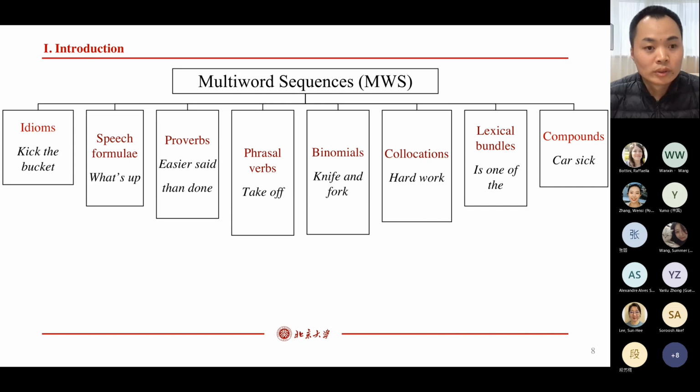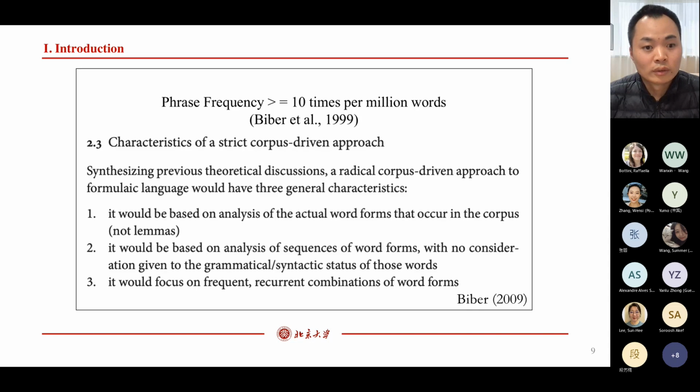As we can see from this slide, they can be categorized following different criteria. Some people define multi-word sequences using a corpus-based approach. For example, if a word combination is used more than 10 times per million words, they define it as a multi-word sequence.